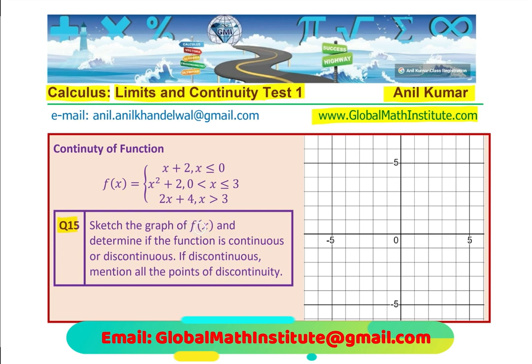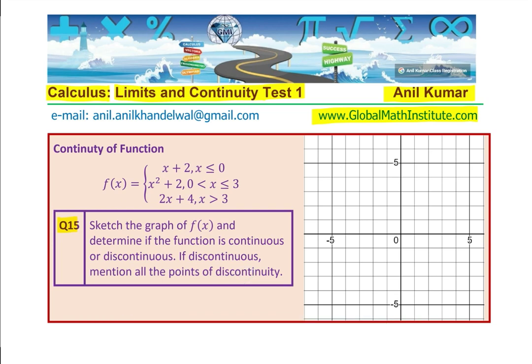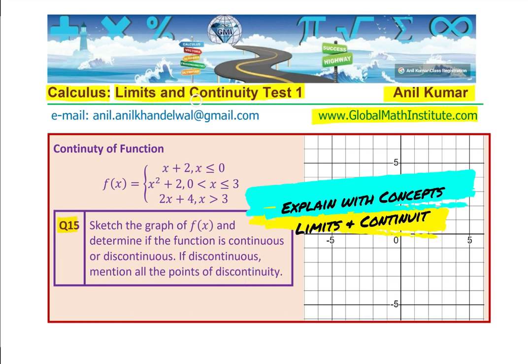Sketch the graph of f of x and determine if the function is continuous or discontinuous. If discontinuous, mention all the points of discontinuity. Now, since we are doing limits and continuity, I would like you to explain the discontinuity with the help of concepts of limits.